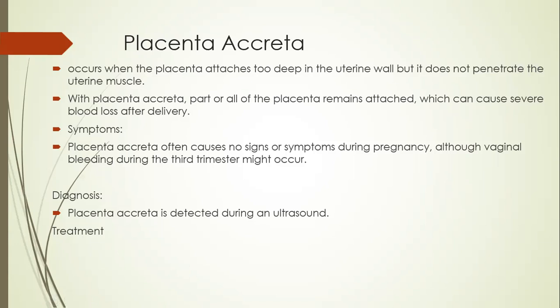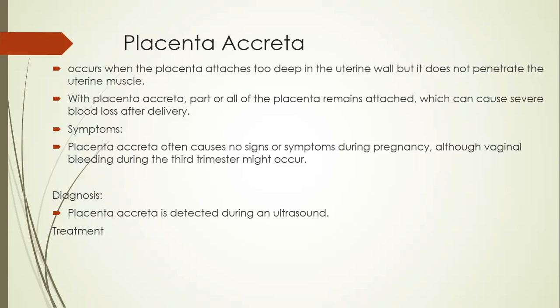When the placenta is being removed, the underlying tissue has a steady connection to the uterine wall, and its connection is with the blood vessels also. So the blood vessels will be torn off, and it leads to severe bleeding.